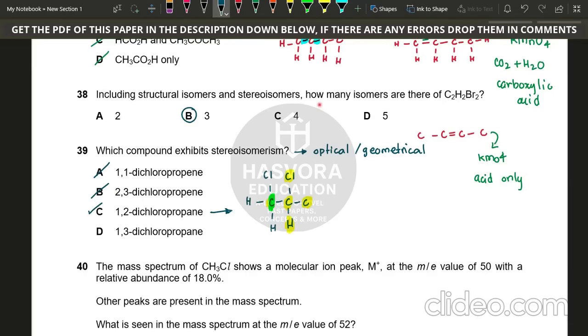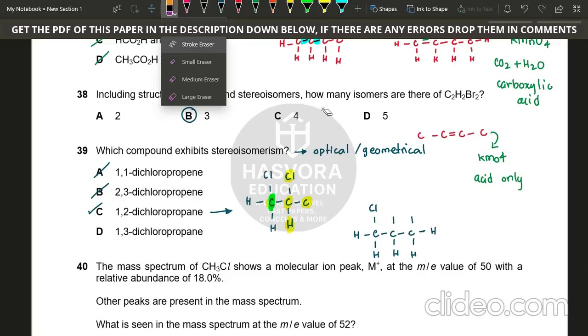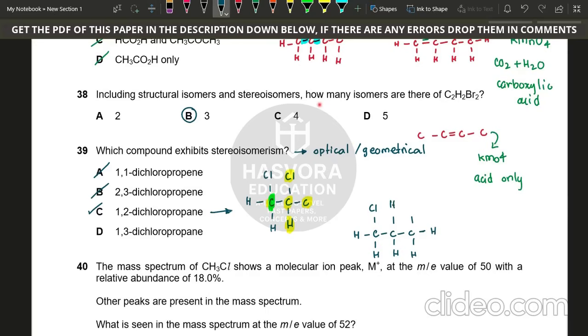So it says 1,3-dichloropropane, so 1 2 3 and 1 3, so it will be Cl and Cl here, and H and H and H and H and H and H. So it is 1,3-dichloropropane.